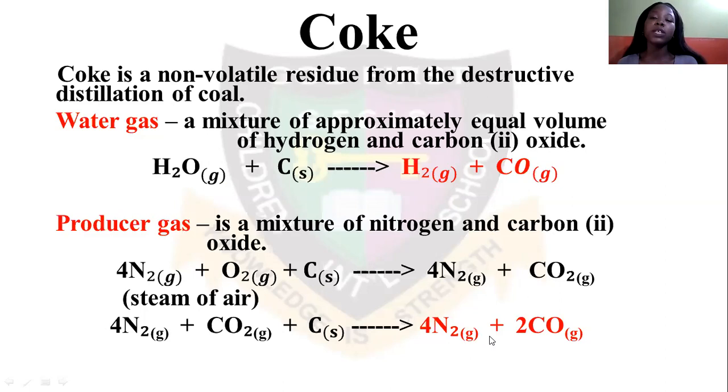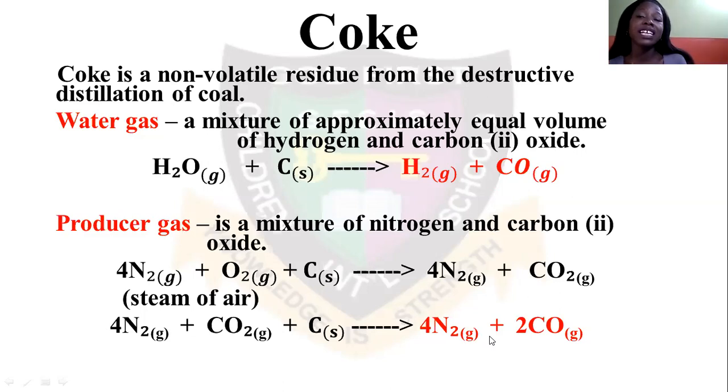So water gas is a mixture of hydrogen and carbon 2 oxide, while producer gas is a mixture of nitrogen and carbon 2 oxide. And I said producer gas is formed by passing a stream of air through coke. So it will produce nitrogen and carbon 2 oxide.